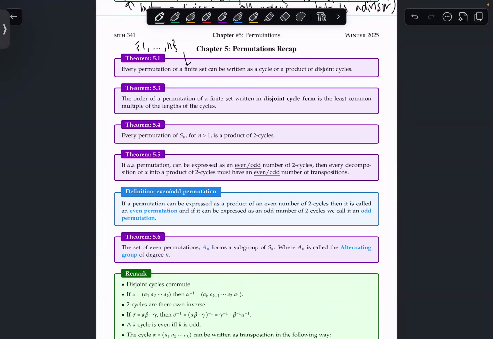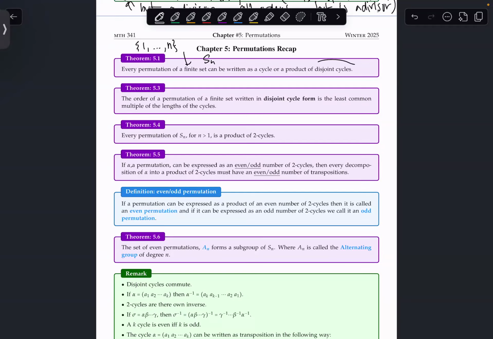This gives me all the information for what happens for finite sets in general, if I just relabel them as 1 through n instead of the elements that they have. Every permutation in one of these Sn can be written as a single cycle, or as a product of disjoint cycles.